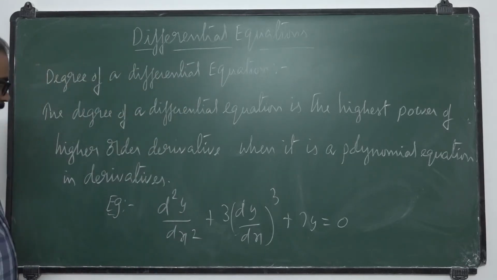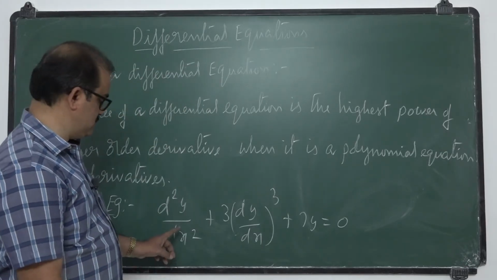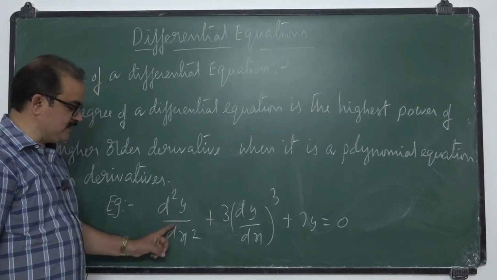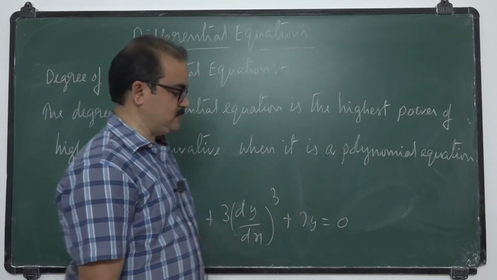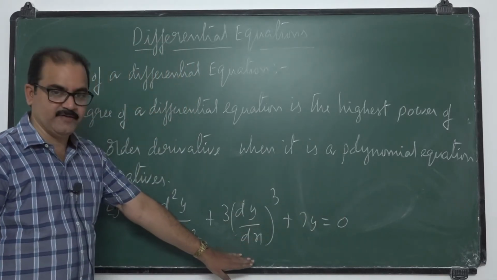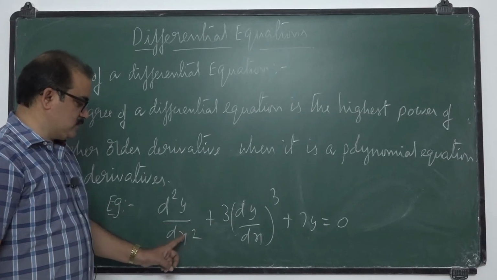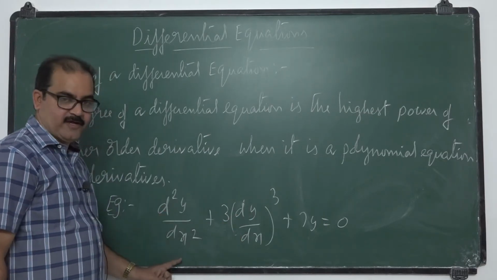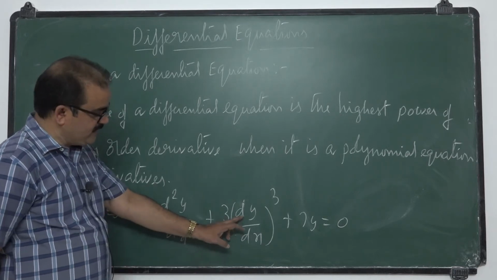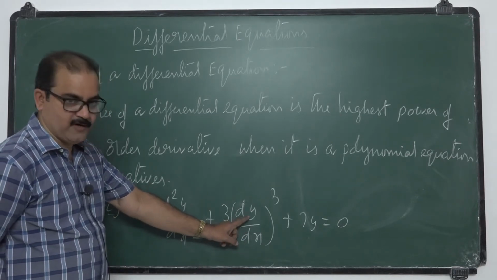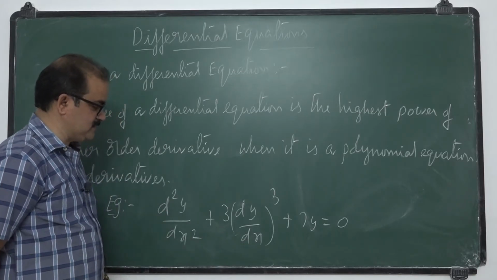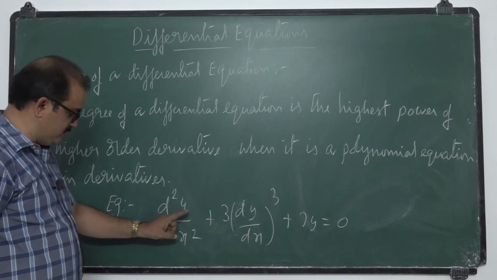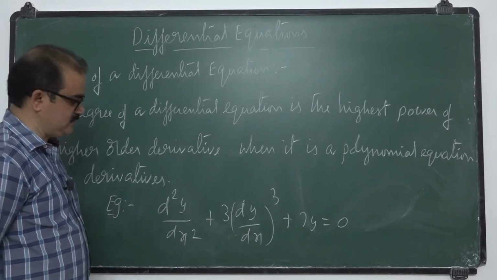See this, it is a differential equation. Why is it called a differential equation? It is an equation involving derivatives. There are two types of derivatives here, dy by dx and d square y by dx square. dy by dx is the first derivative of y with respect to x. d square y by dx square is the second derivative of y with respect to x.